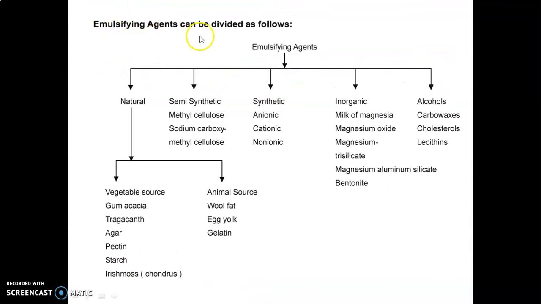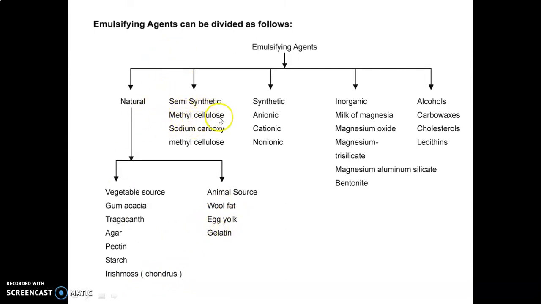So the emulsifying agents can be divided as follows. The emulsifying agents are natural, semi-synthetic, synthetic, inorganic, and alcohols. In natural there are 2 types, vegetable source and animal source. In vegetable we have gum acacia, tragacanth, agar, pectin, starch, then Irish moss, that is chondrus, and animal source means wool fat, egg yolk, gelatin.